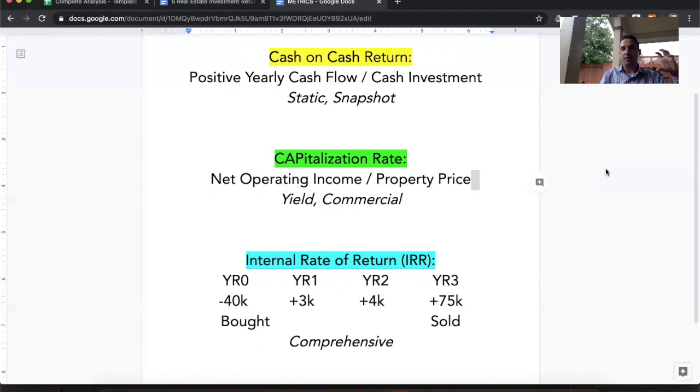Then in years 1 and 2, we've got the positive cash flow coming back. And then in year 3, it assumes a sale. So it looks at this stream of cash flow and it comes up with an annual return that reflects the return on the property for the duration of the investment.